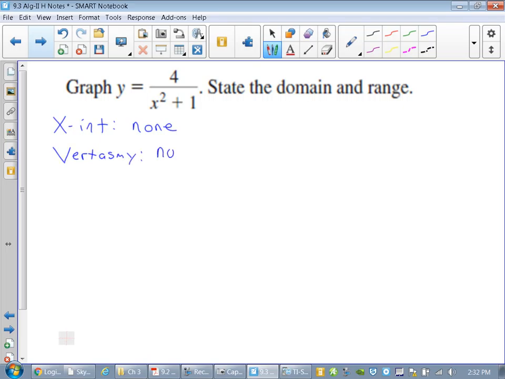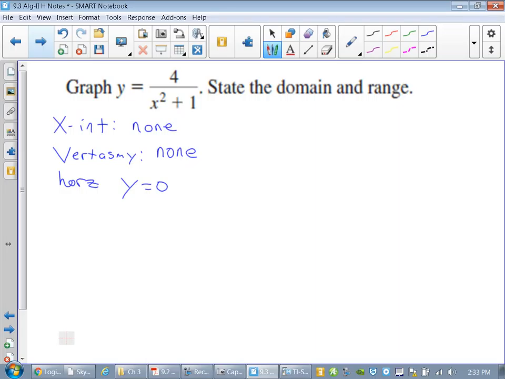No. Good. Horizontal is equal to 0. So it's y equals 0, because the degree on the top is less than the degree on the bottom. So your horizontal asymptote can be at y equals 0.